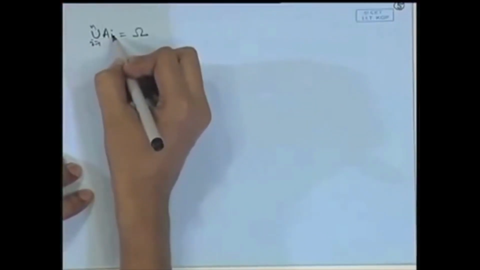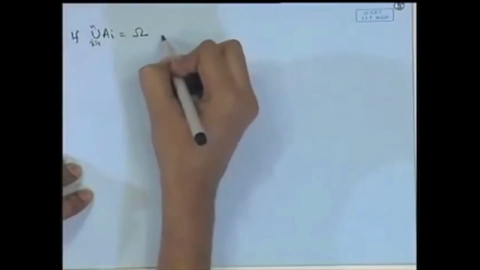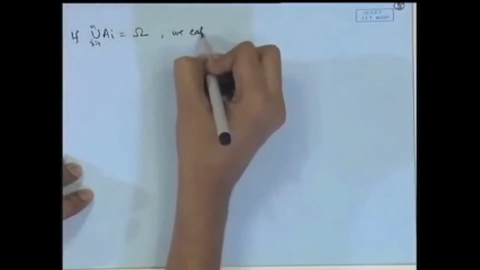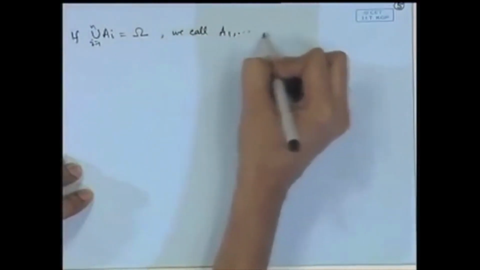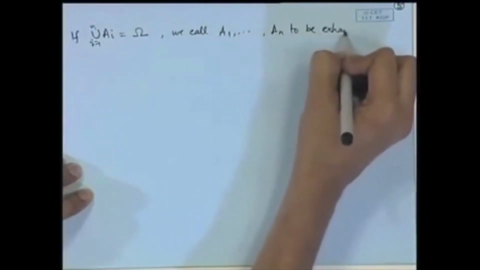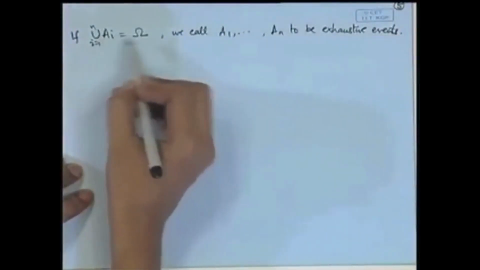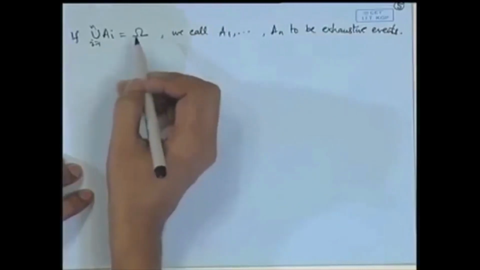Such events are called exhaustive events. So, if the union of Ai's is equal to omega, we call A1, A2, ..., An exhaustive events. Here in place of n, we may have an infinite collection of events also.